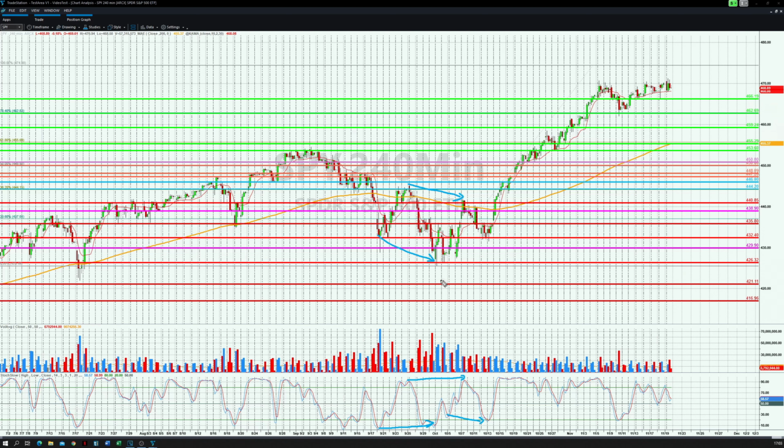We see another divergence, which means a long continuation, because the momentum indicator went below and even touched oversold. So it has no power to continue to go lower to the previous low. So now we have an indication of long continuation after the reversal. We have reversal and long continuation, which is a good indication that the SPY will move higher.